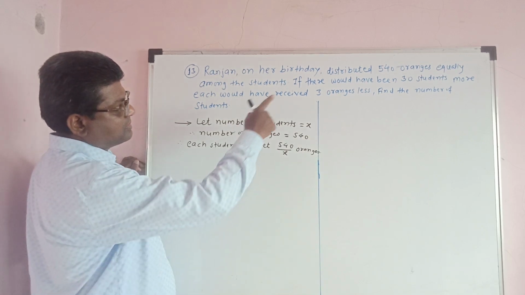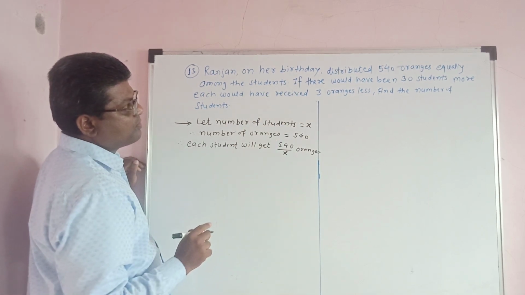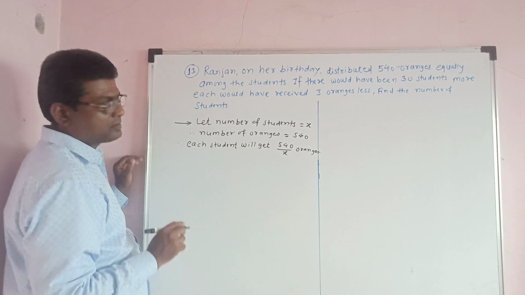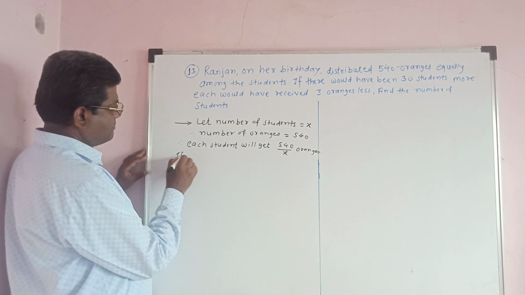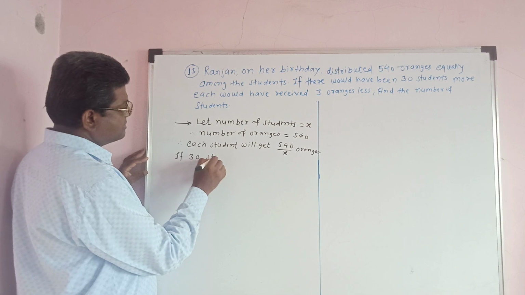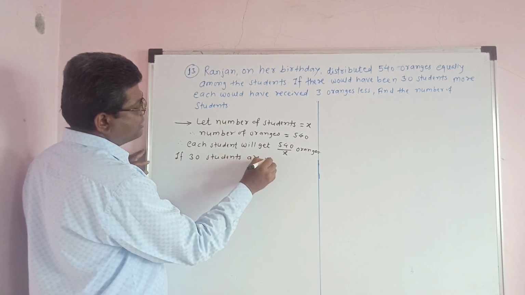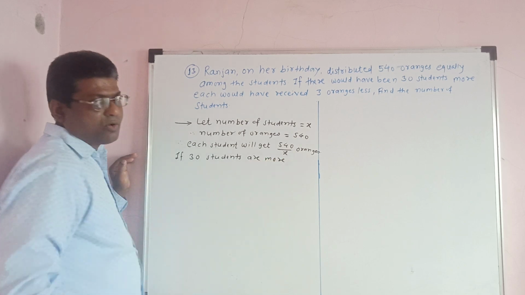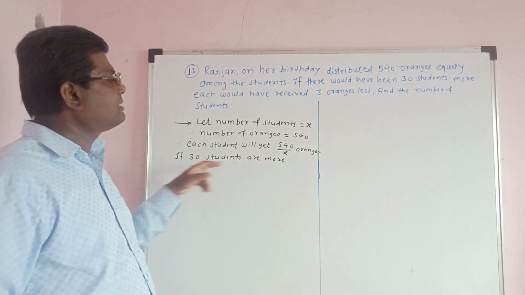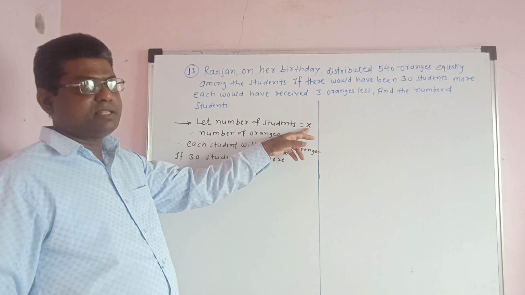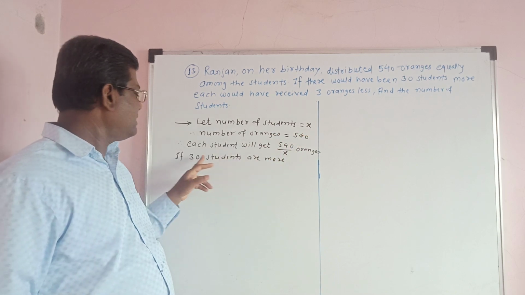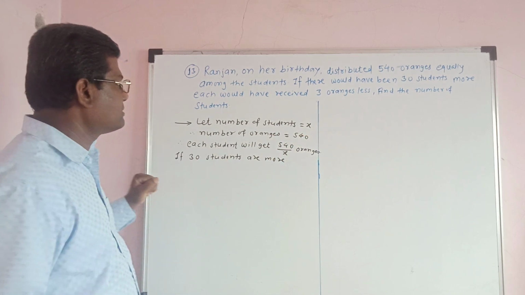Now if there would have been 30 students more, how many students are there? Initially there are x students and then these 30 students.